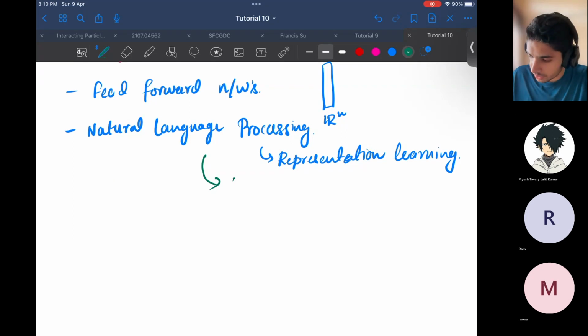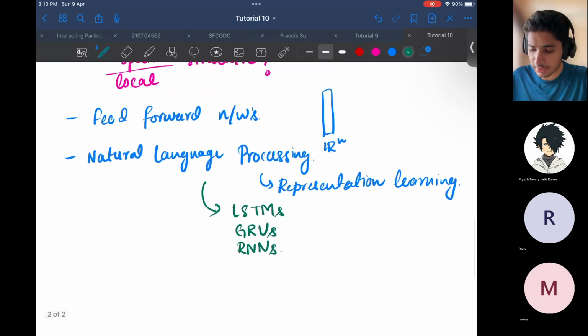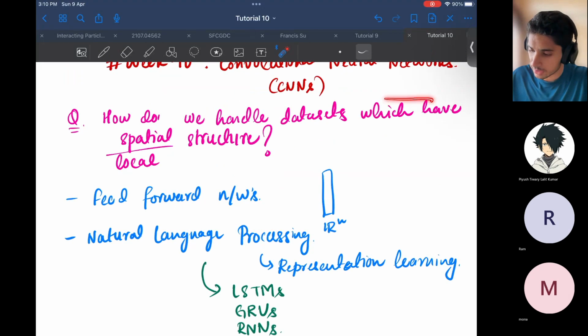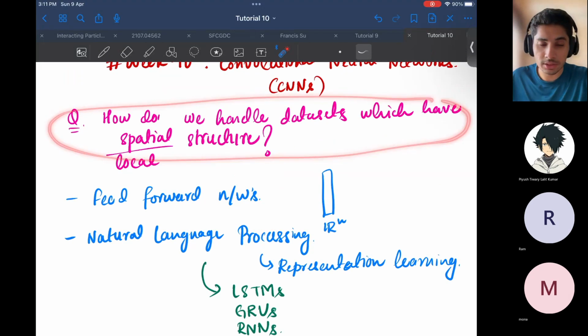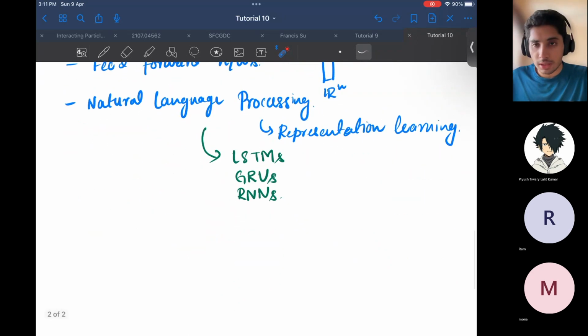In particular, you will see LSTMs, GRUs, RNNs. So the question there will still remain similar to this one, however this part will change. The question will be how do we handle sequenced data, right?